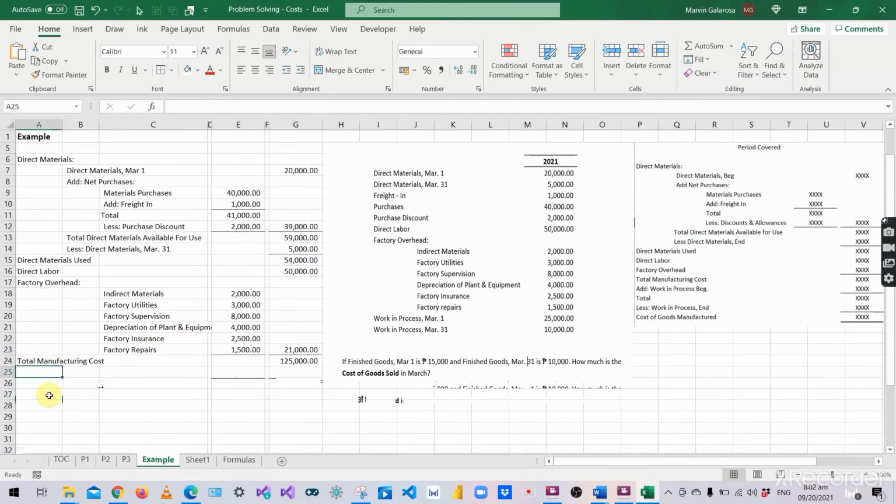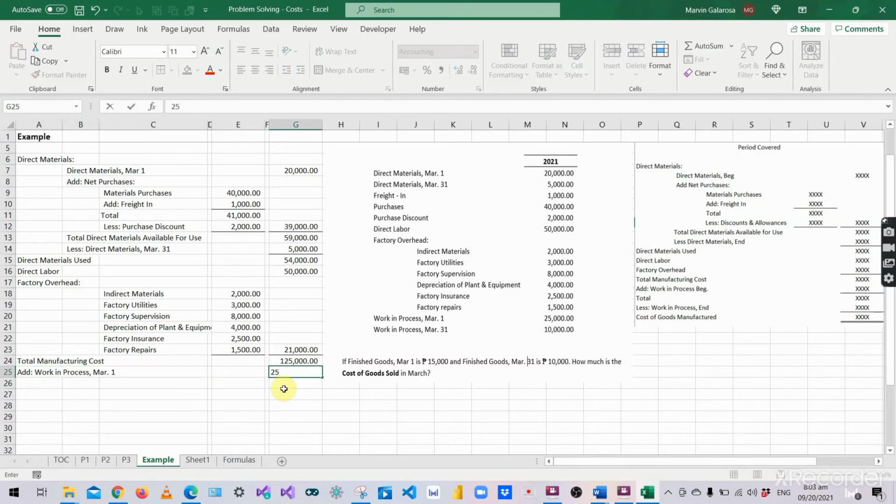Then we add the work in process beginning. Sa given natin, ito yung work in process March 1. Ano ba si work in process? Siya yung direct materials, direct labor, and factory overhead na currently nasa production na. Work in process March 1 amounting to 25,000.